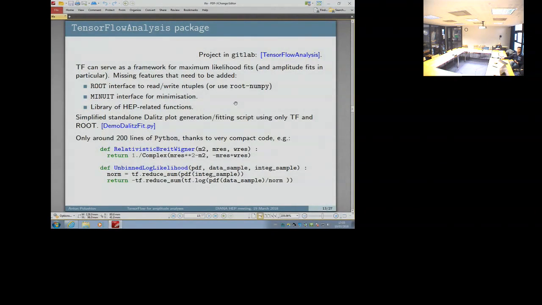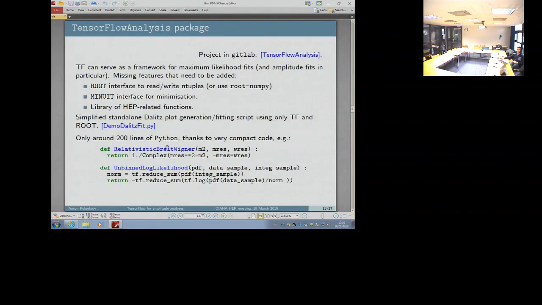So in principle, even without any kind of higher-level package, you can write a standalone Dalitz plot generation and fitting script using just TensorFlow and ROOT in just like 100, 200 lines of Python code. So the Python code is actually quite compact.